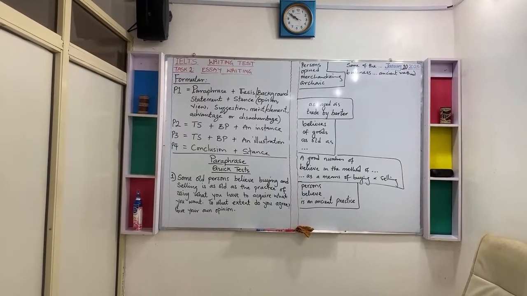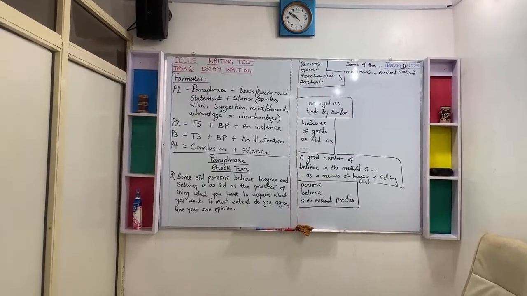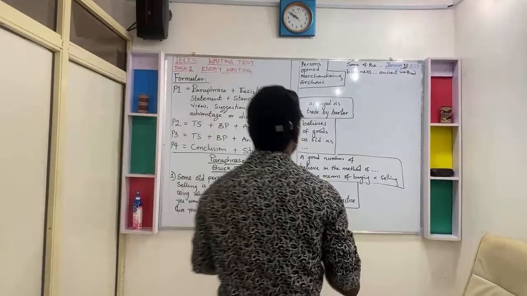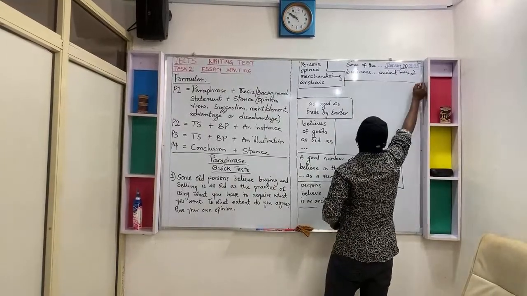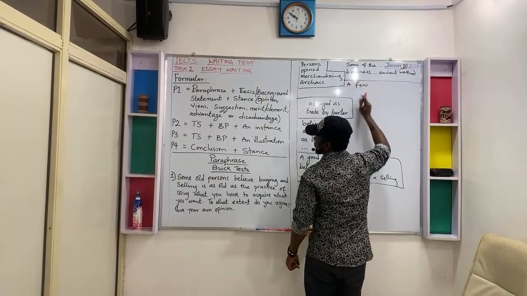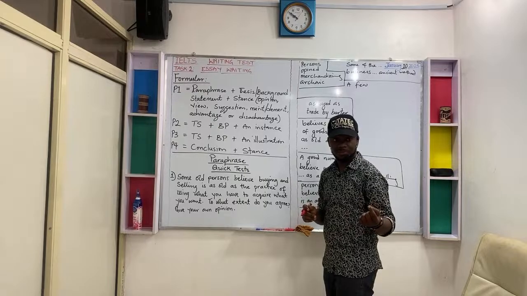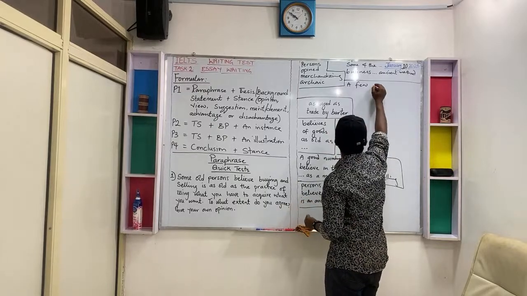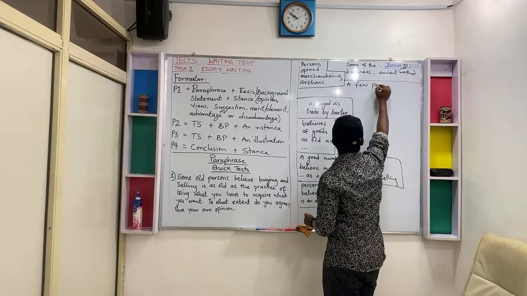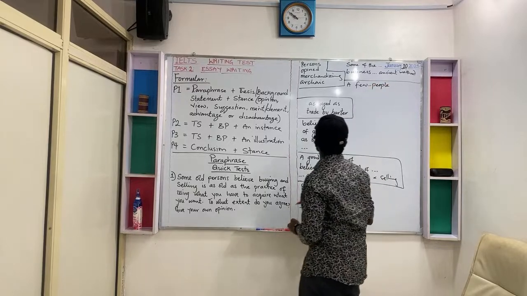A few aged people. Did you say a few aged people or persons? A few aged people. Okay, go ahead.